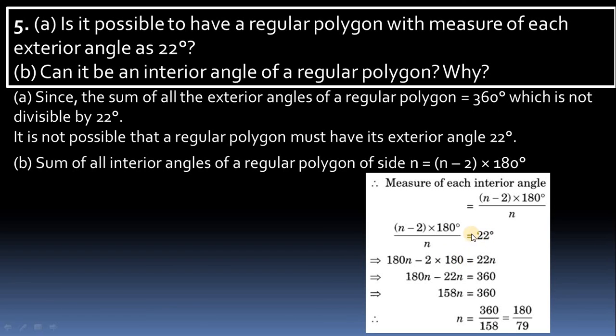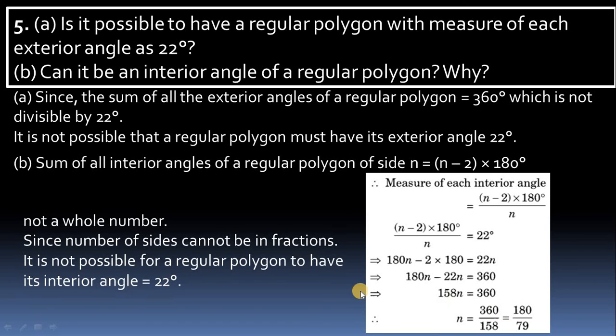So again you do the same process and calculate the value of n. So n is coming like that, and that is not a whole or natural number. So again in this case it is not possible. The number of sides cannot be a fraction, because the number of sides means whether it is 3, 4, it cannot be a fraction. So it is not possible for a regular polygon to have an interior angle of 22.